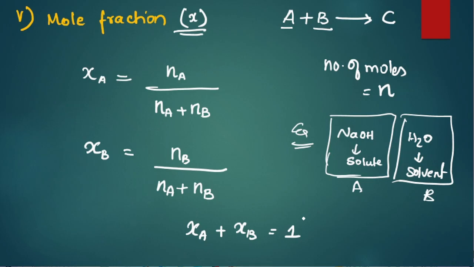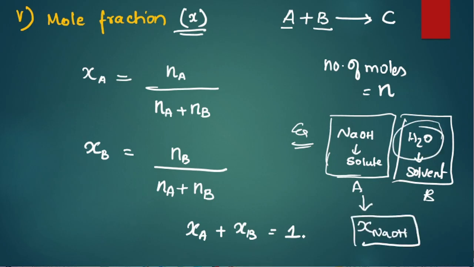So from this you can easily find out. If I find X of NaOH, then I no need to find the H2O's value, because I know that X of A plus X of B is equal to 1. That means X of A I know, 1 I know. So I bring this X of A to this side, 1 minus X of A, then I will get X of B. Right?